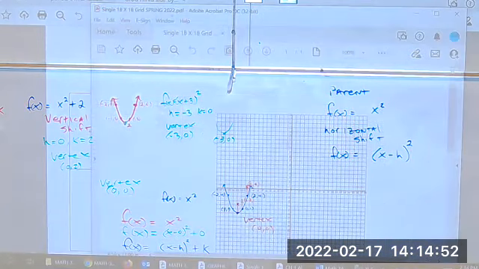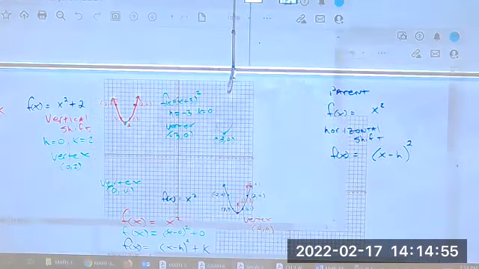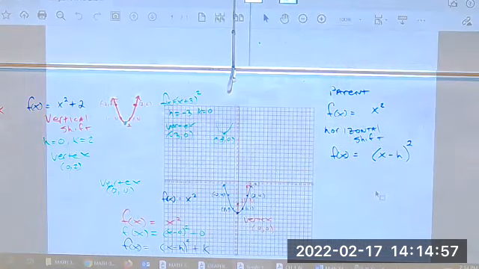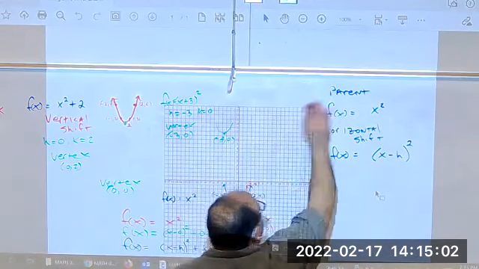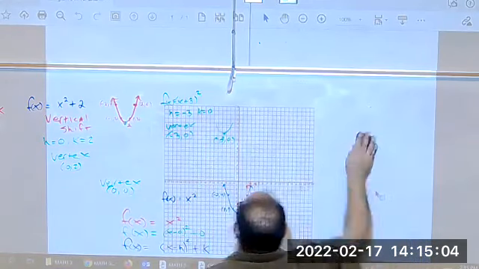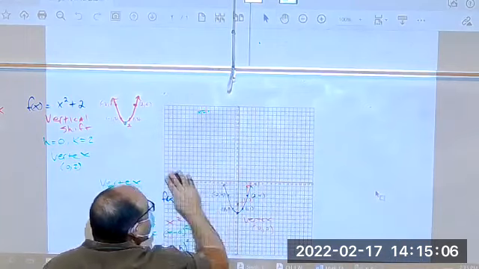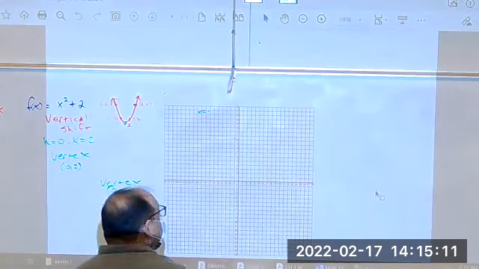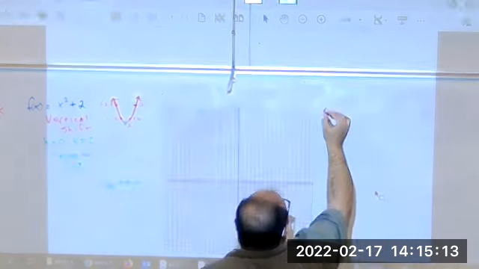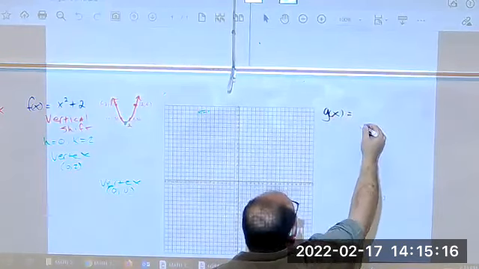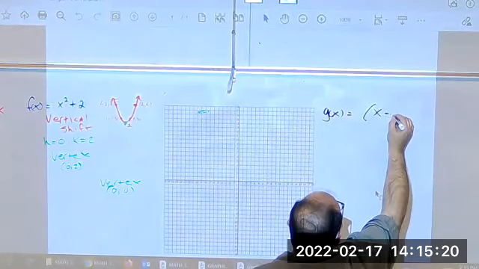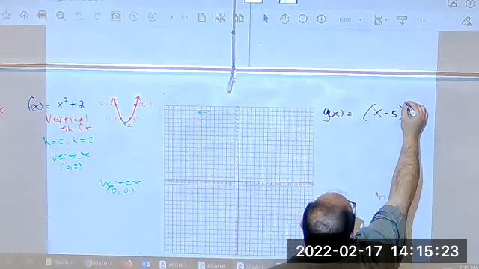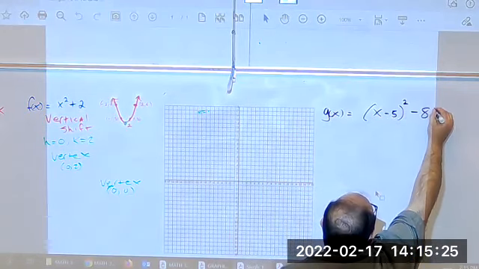If I gave you, and you had to sketch by hand, no calculator, g of x equal to parentheses, let's go with x minus 5 squared minus 8.